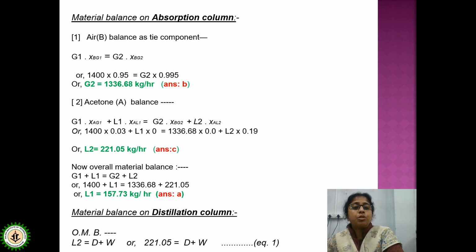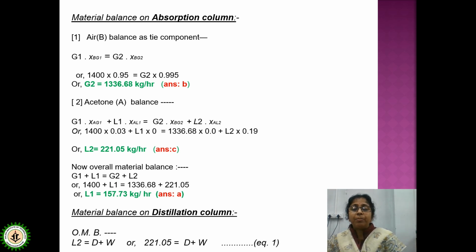Now after putting these two values, G2 and L2, and G1 already given in the problem, into the overall material balance on the absorption column, we can get the value of L1. That is G1 plus L1 equals G2 plus L2.